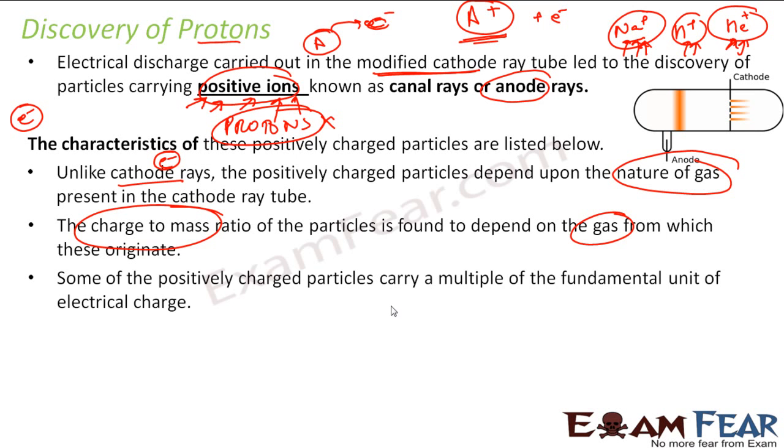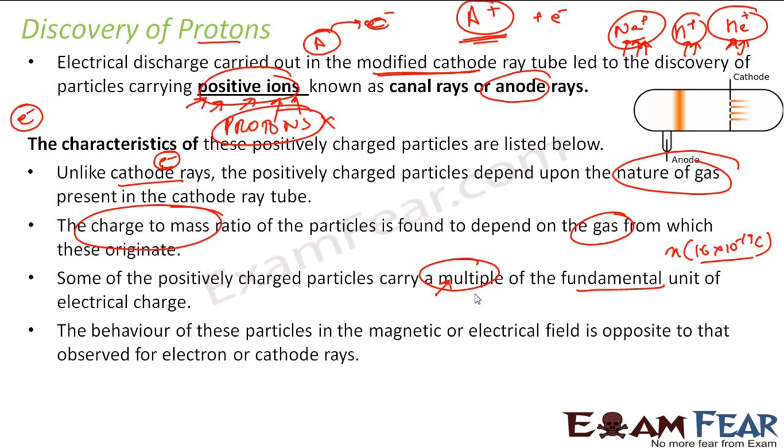Now they found that all these charges were multiples of a fundamental unit. Similar to the Millikan experiment, where he found that the charge was a multiple of 1.6 into 10 to the minus 19 coulomb, here also they found that all the positive charges were a multiple of a fundamental unit of electrical charge.